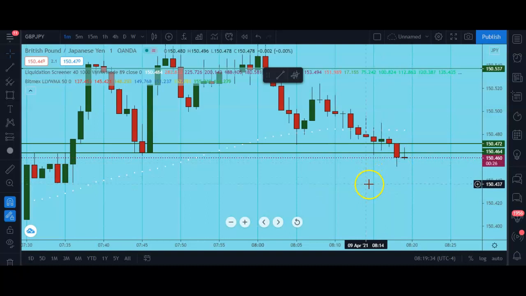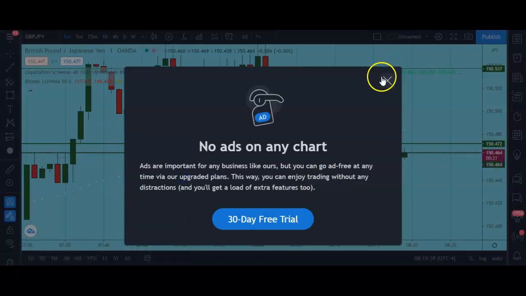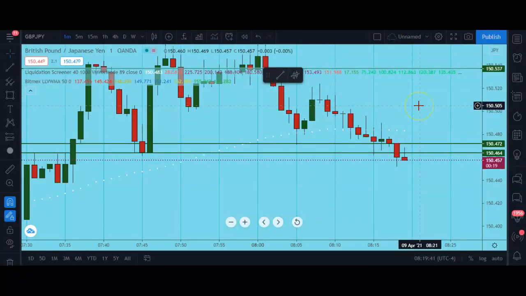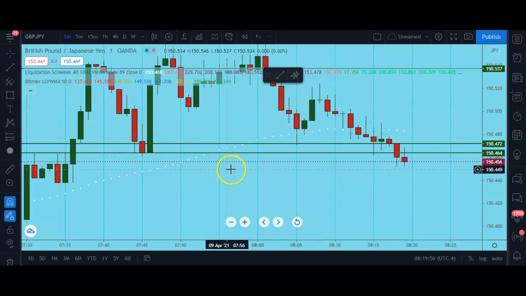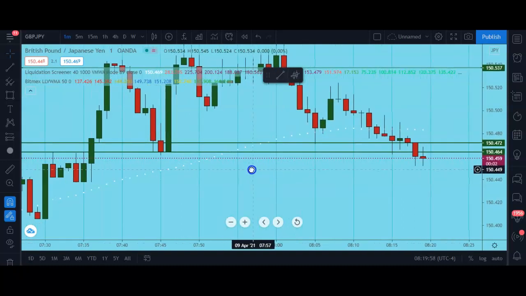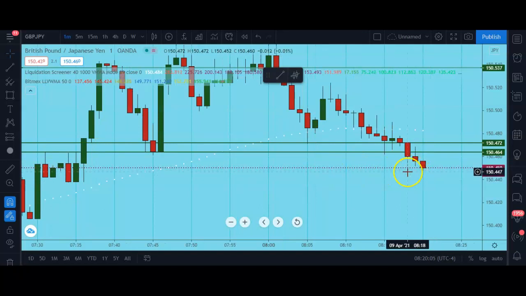Now this is not 100%, but so far I've been right with every trade. I'm using the candles' open and close points as support and resistance, but I'll use the wick sometimes as a safety net to place my trades.